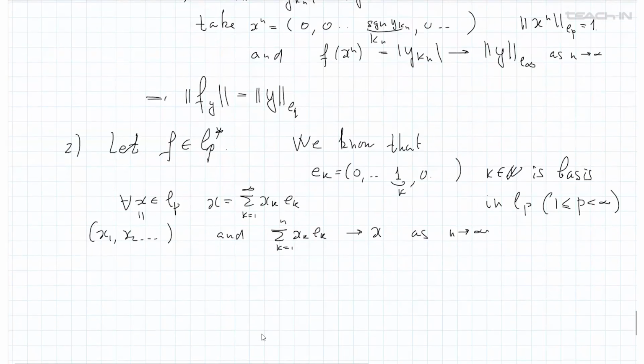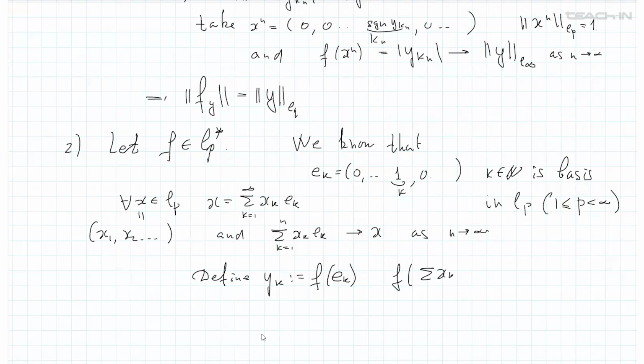Define yk as the result of the functional f on the basis elements. We immediately obtain that f of the finite sum of xk ek tends to the action of our functional f on the sequence x, but this, by linearity of our functional, is the partial sum of the form.